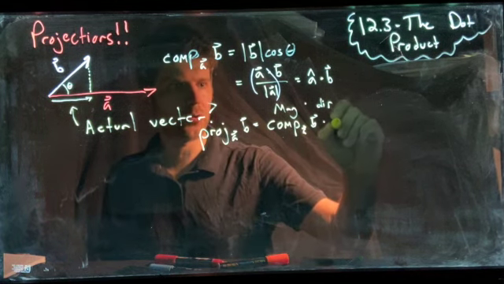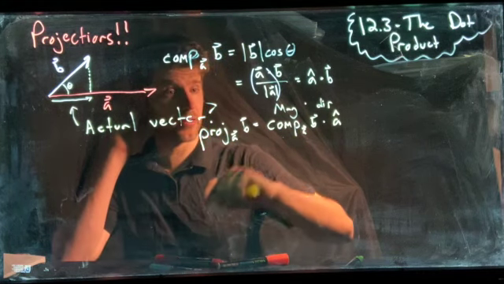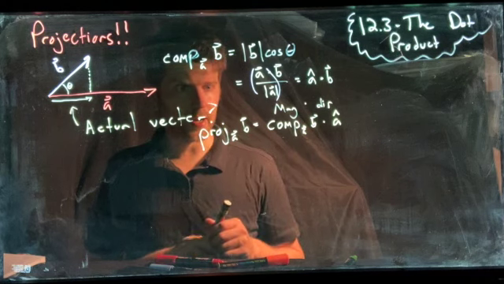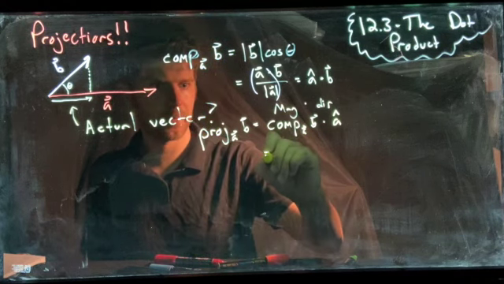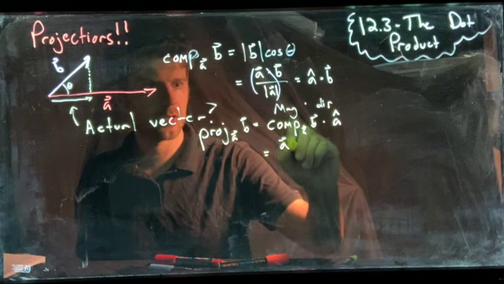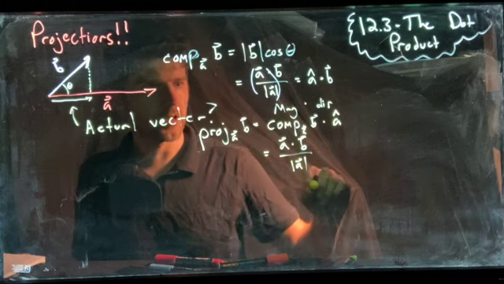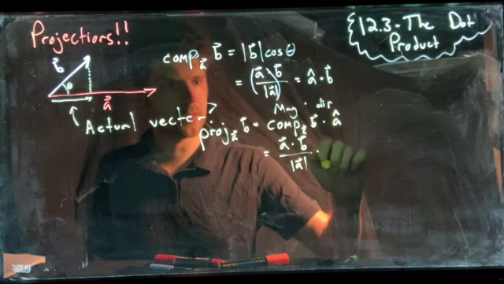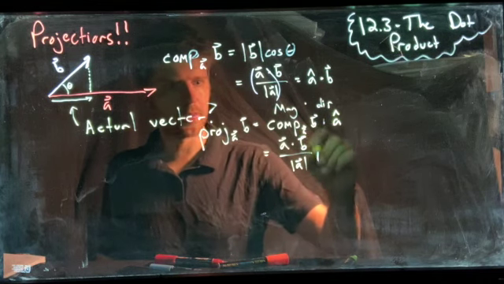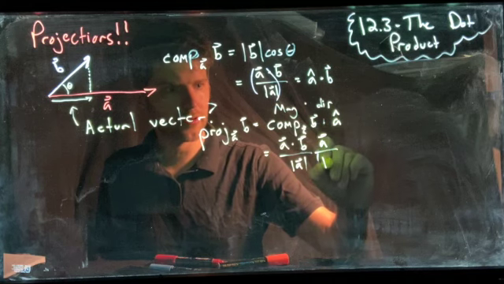So what we'll do is we'll take the unit vector in the direction of A. So we're just going to take a scalar, the length of that component of B, multiply it by the unit vector in the direction of A. And we get to this kind of peculiar set of formulas. So we get A dot B over the magnitude of A. There's the length of the component, times, I should really be careful with my dots, this is a times, not a dot product, A over its own magnitude.